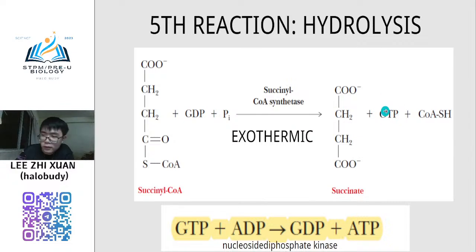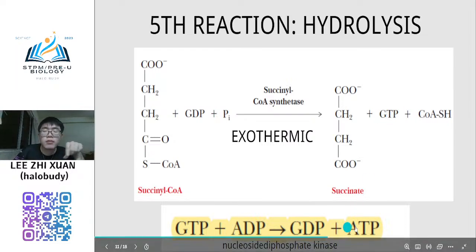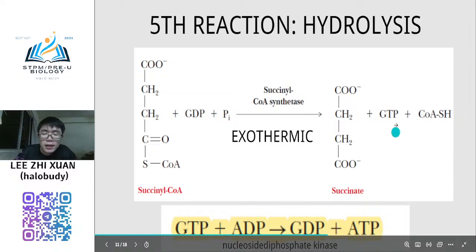Not saying it is not, but the basic energy carrier is ATP. So this GTP will be changed to ATP. How is it changed? With the help of the GTP, the ADP will be phosphorylated to form ATP. This enzyme we call nucleoside diphosphate kinase.